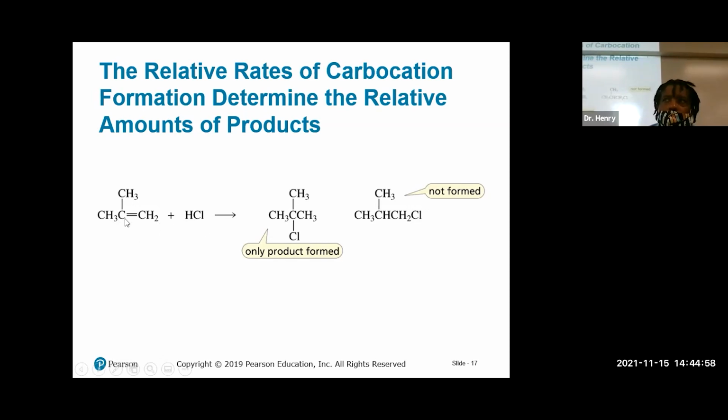Again, this carbon is going to form a cation, and then that means that the chlorine is going to attach to that. So this guy's going to form, this guy isn't.